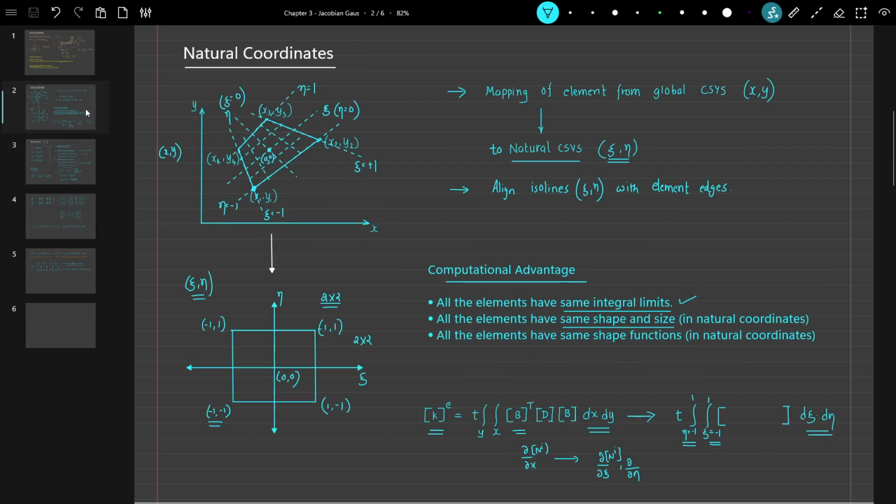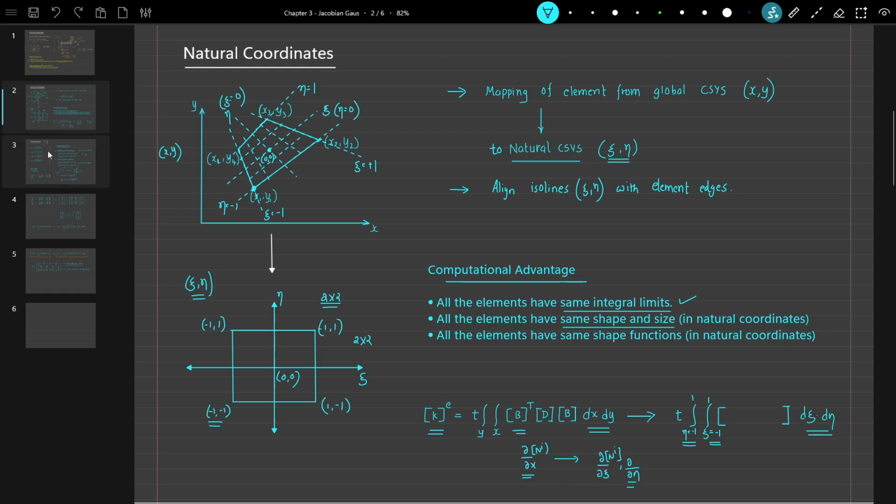So now what we have to do is b, which is dou by dou x and dou by dou y, we need to transform it into dou by dou zeta and dou by dou eta. Similarly, dx dy into d zeta d eta. So x to zeta and xy to zeta eta.